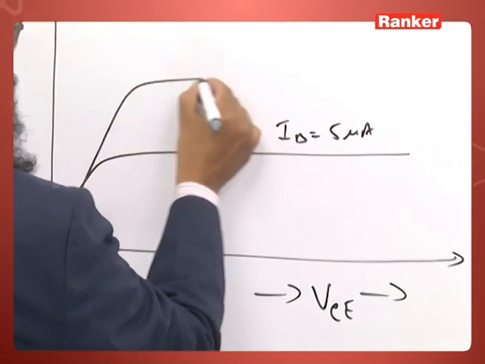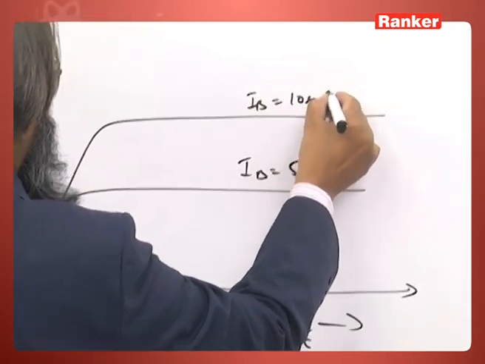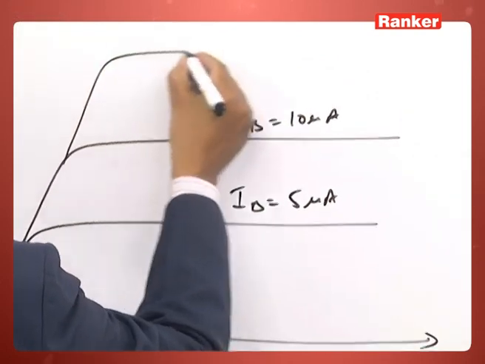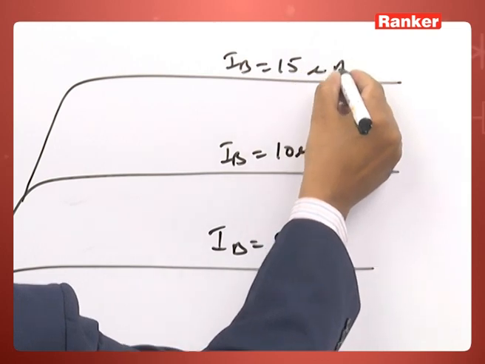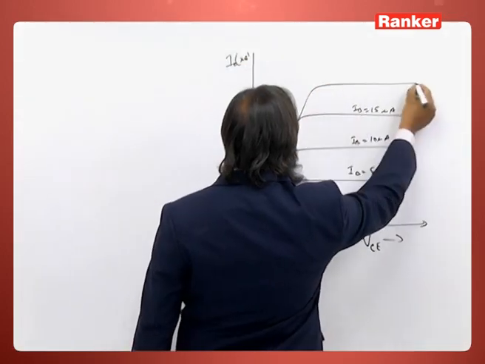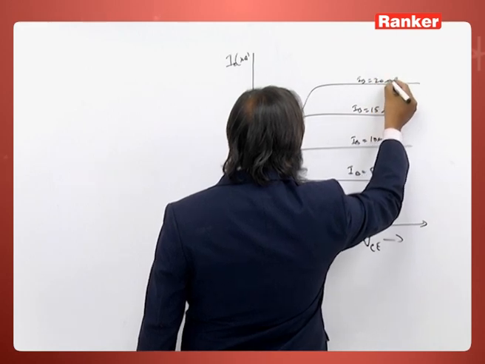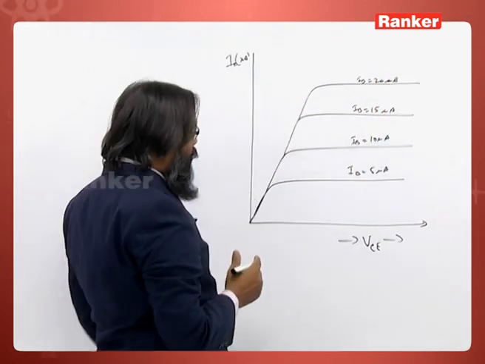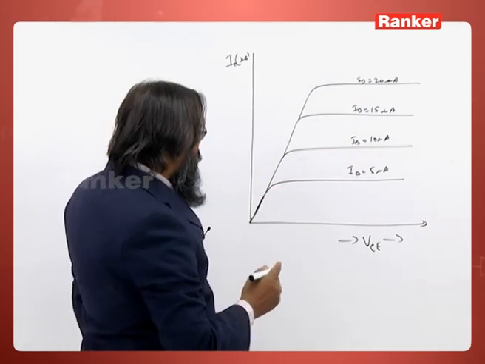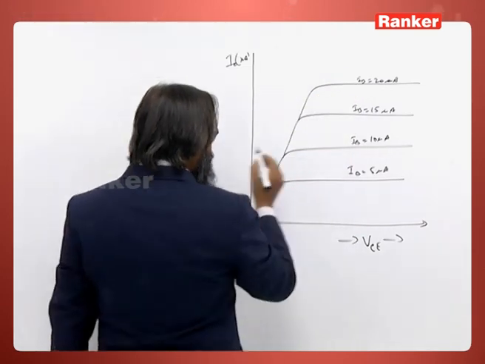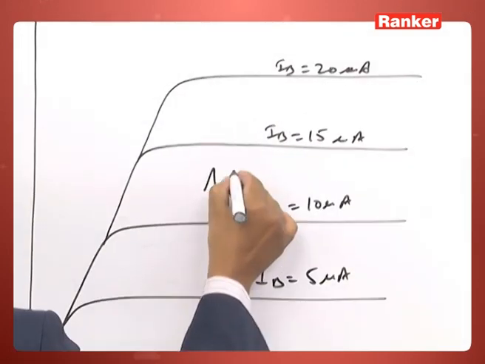Next, if I increase the IB value to 10 microamperes, then 15 microamperes, and 20 microamperes, we will get such types of curves. So, we have a family of curves and we see that this region is called active region.